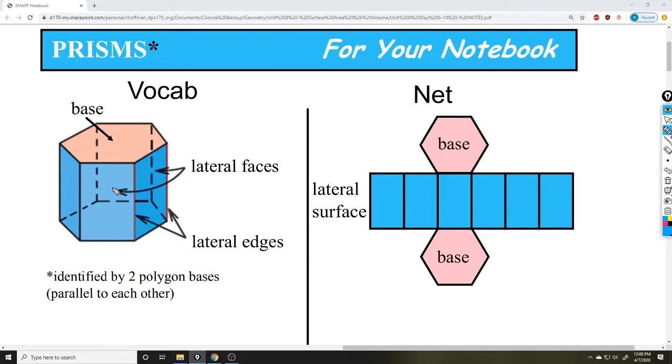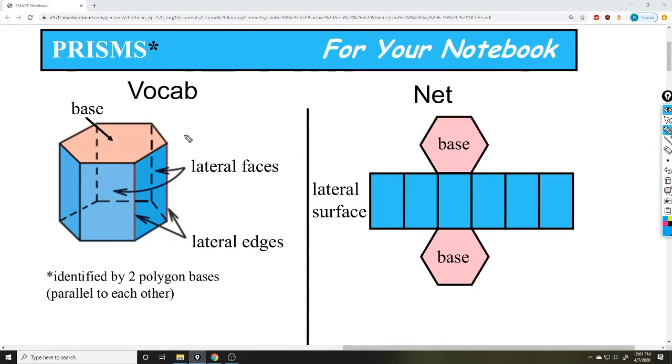This is as opposed to a pyramid, which we're going to talk about next week, and a pyramid is going to have one base. But a prism is going to have two bases, a base on the top and a base on the bottom. So if you think about a container, like a box of cereal, that would be a prism because it's got the base on the bottom and it's got the base on the top.